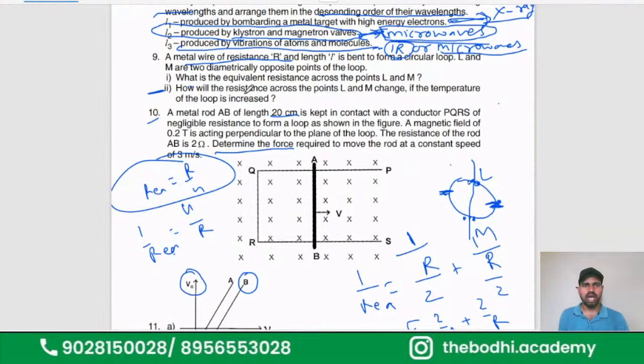Ninth question. How will the resistance across the points L, M, N change if the temperature of the loop is increased? Answer this. Come on, someone. See, these are very simple questions. You can even answer in short forms. It doesn't take a long time.